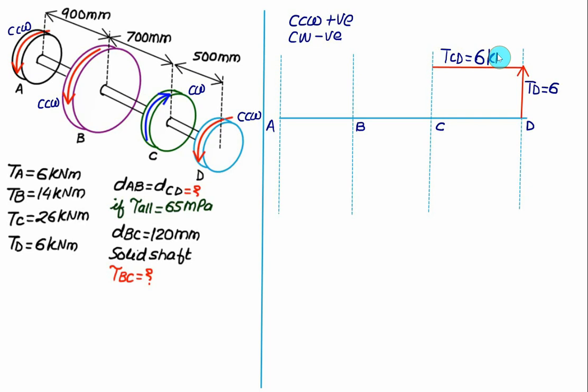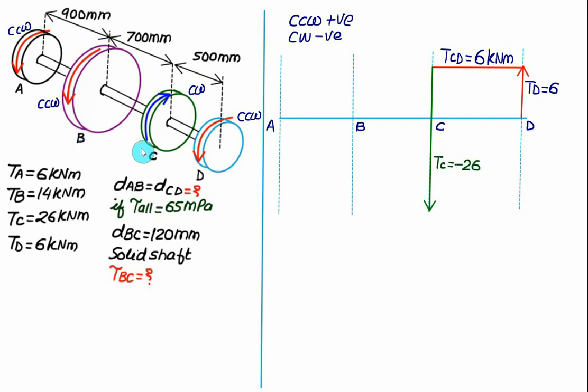So we have the torque in the shaft CD equal to the previous value, 6 kilonewton meter. At point C we have a clockwise torque which is equal to 26. So 6 is a positive value and 26 will be a negative value, so you have to move vertically downward. If you move vertically downward, you represent the torque TC as a negative value, minus 26.